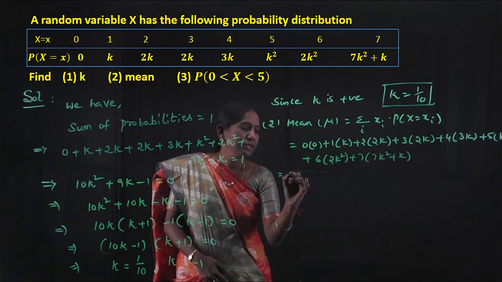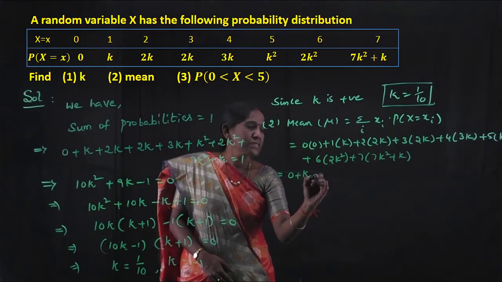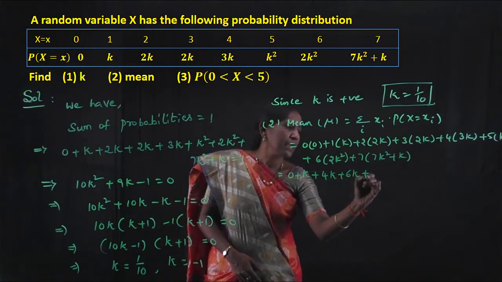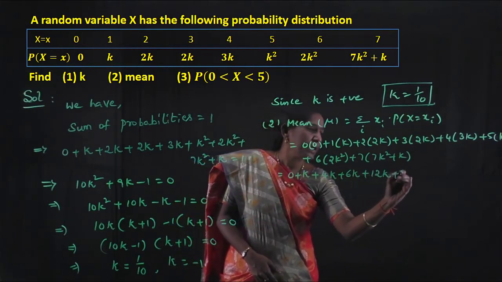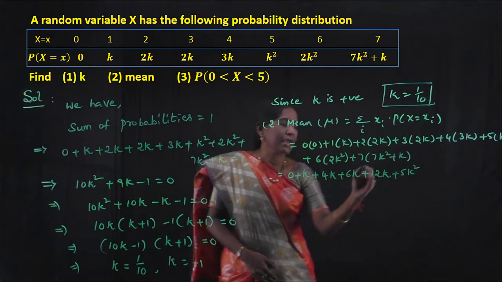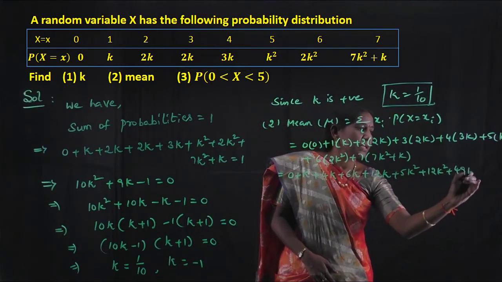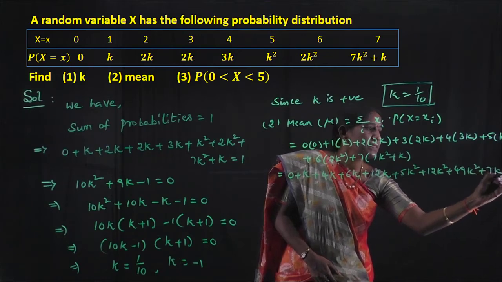That is equal to 0 plus k plus 4k plus 6k plus 12k plus 5k square plus 12k square plus 49k square plus 7k.